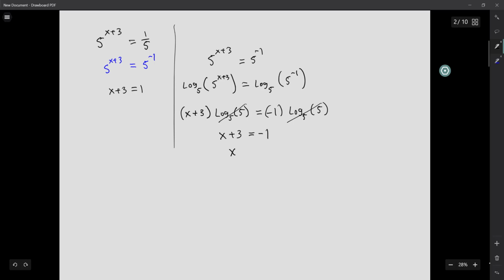Or, in either case, I forgot my minus on the left side, x equals minus 4. So the key here is that I manipulated it so that I have the same exponent on both sides of the equation. And that brings us to our next style of problem. We just have a common base exponent on either side.